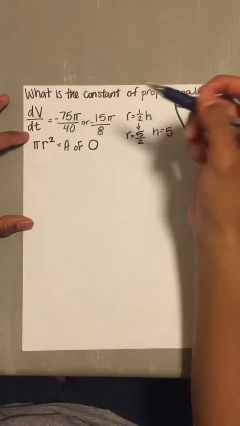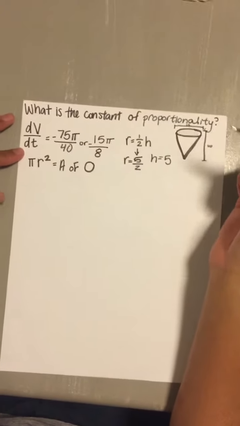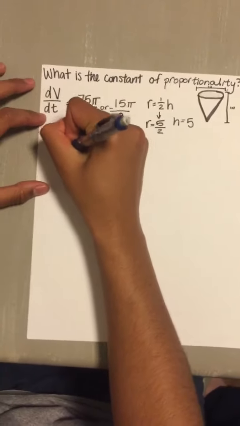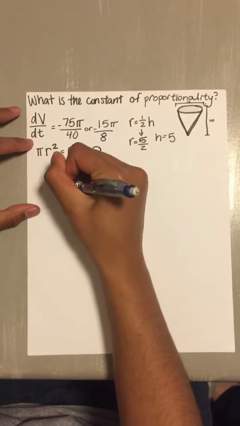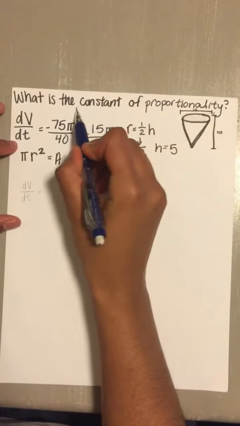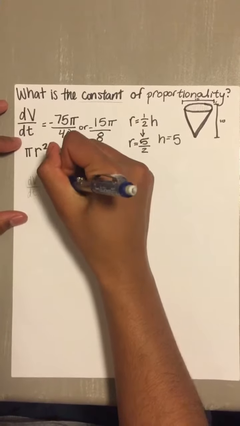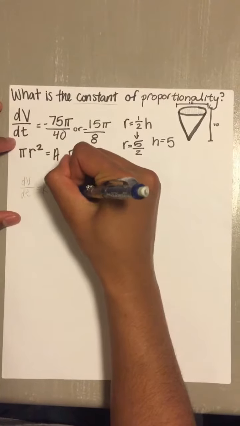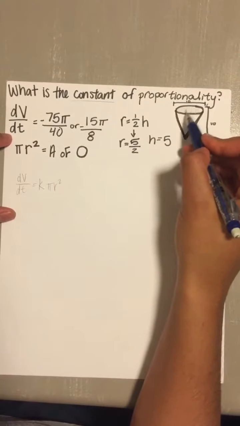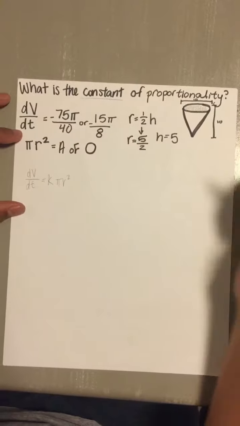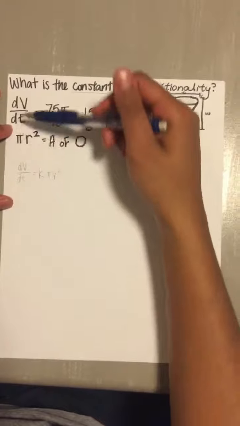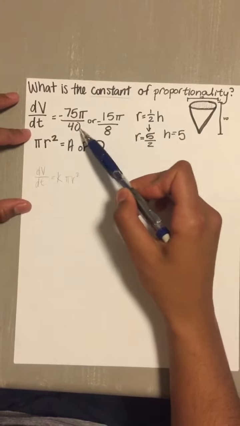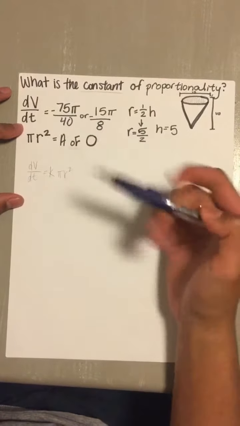So to prove that dV/dt is proportional to the exposed area of water, we can write dV/dt is equal to the constant, k, times pi r squared, which is, again, the area of the circle. So we can start plugging in our values, and we know dV/dt is equal to -75 pi over 40 or -15 pi over 8.